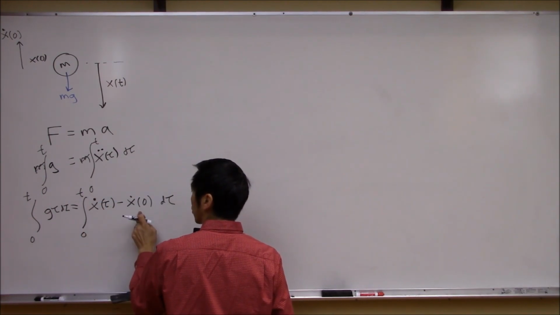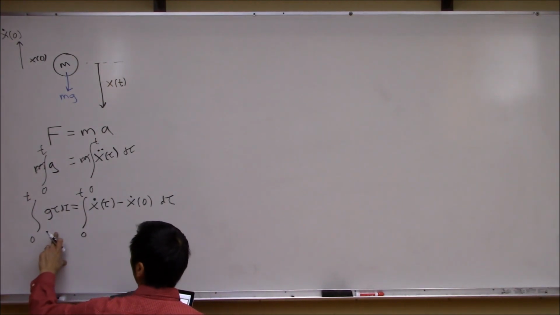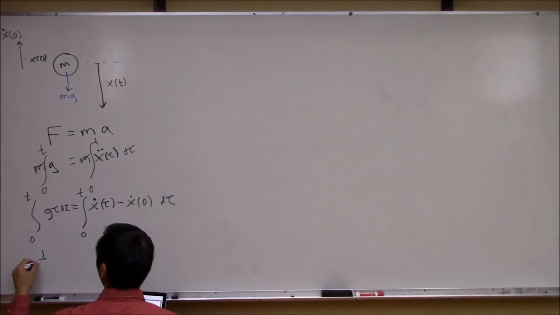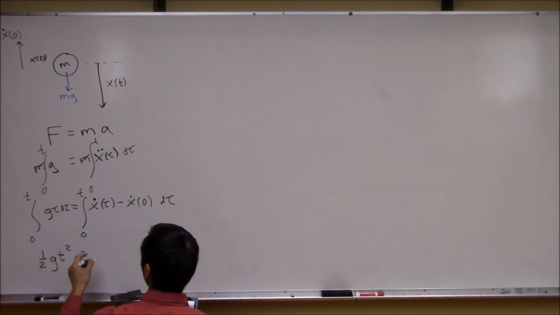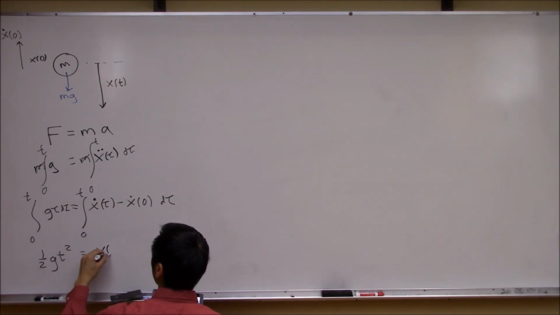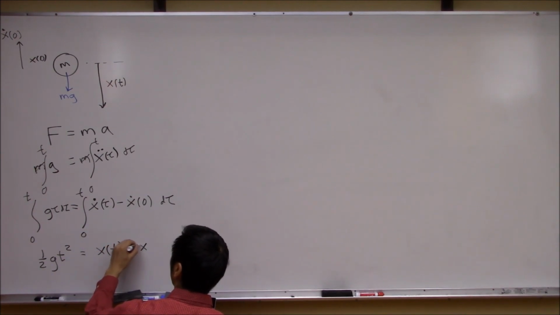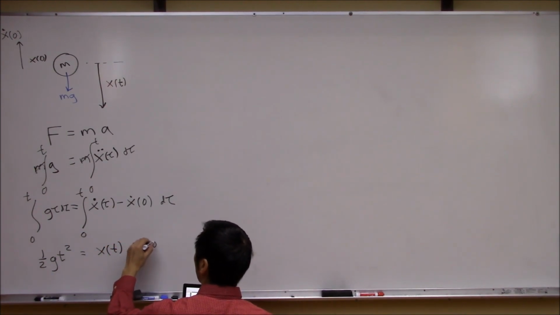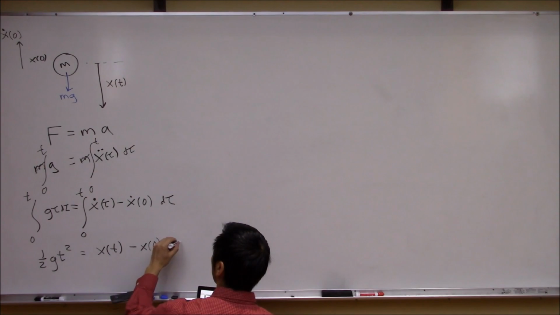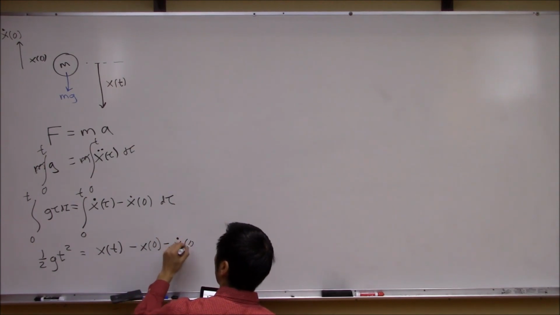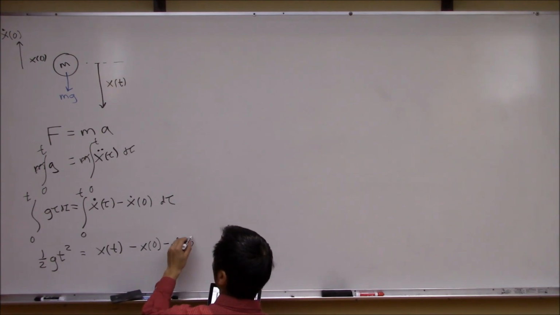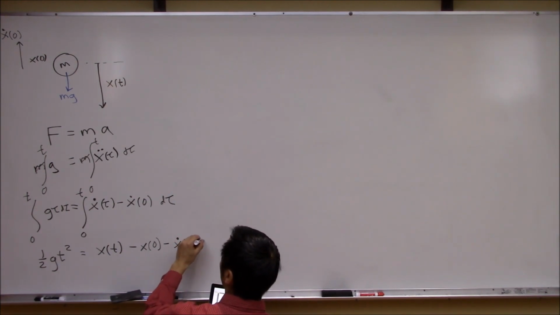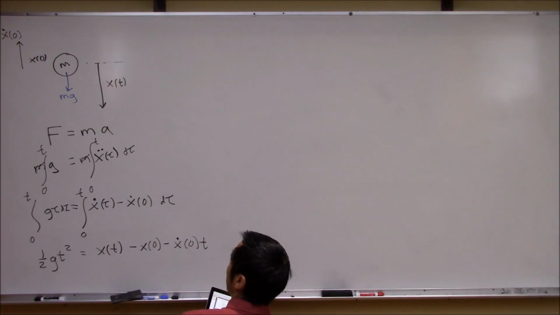This is just a constant. So what do we end up with on this side? We end up with 1/2 gt squared equal to x at time t minus x at time 0, minus x dot 0 t. There we go.